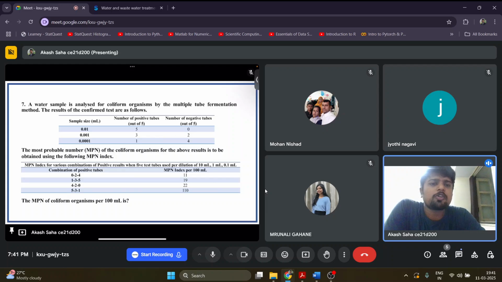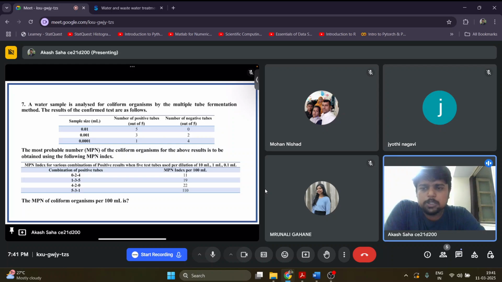By positive tube, we mean that whenever we do this multiple tube fermentation test, if there is gas release in any tube, we say microorganisms are present and count it as a positive tube. Out of 5 in the first sample size, all 5 are positive tubes and there are no negative tubes. Like that, the data is given.